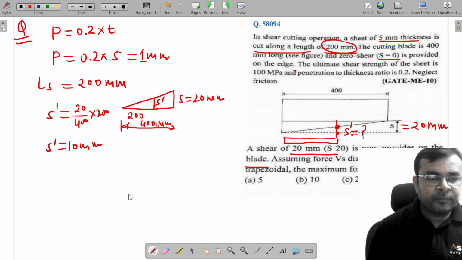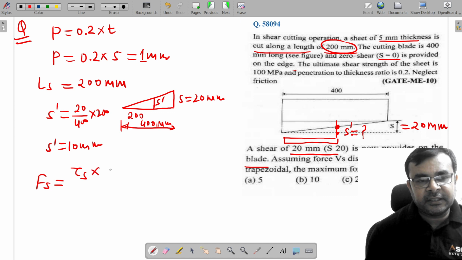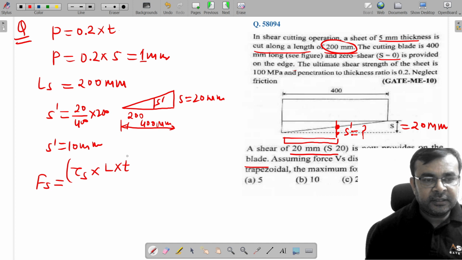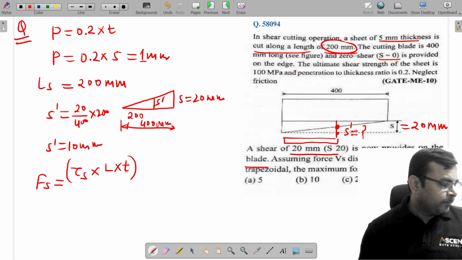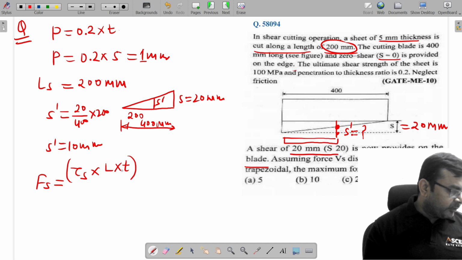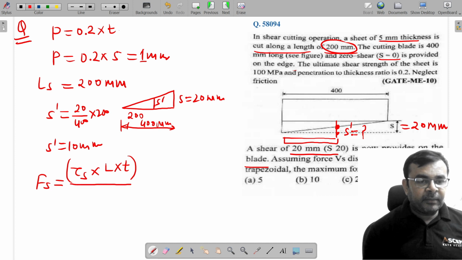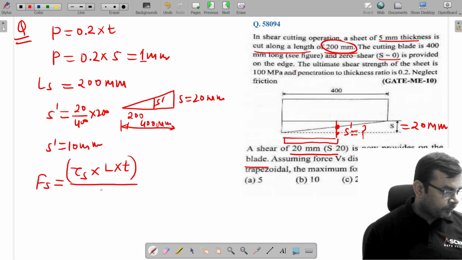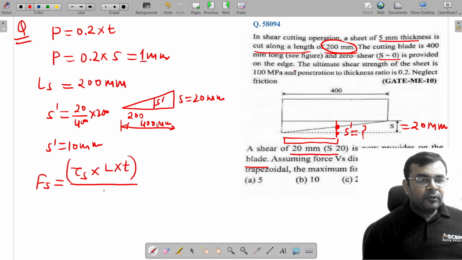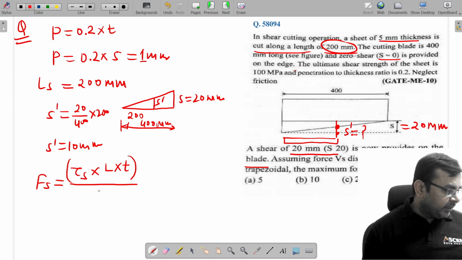Is it right? So let me see. The shear force required is nothing but tau s, the yield shear strength, into length into thickness. Is it clear? Length into thickness. This is the maximum force required divided by the amount of shear. Yes or no?